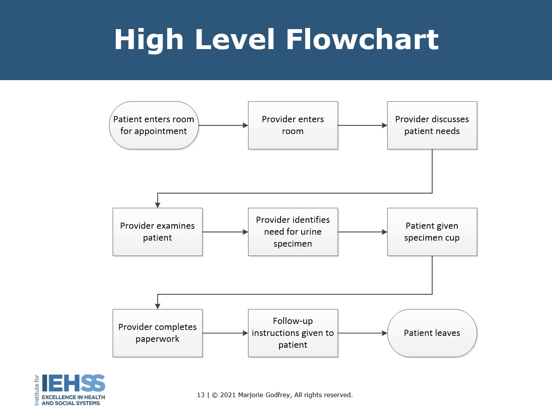Here is an example of a high-level flowchart indicating a patient's flow through a clinic visit. It starts with room entry and ends with checkout. The simple steps in between the entry and exit are shown on this chart.